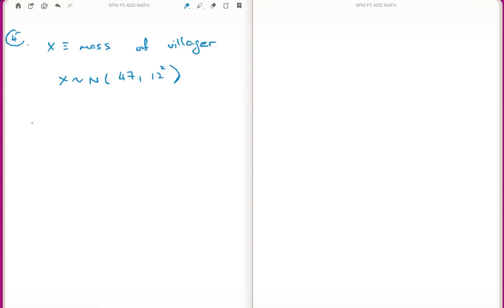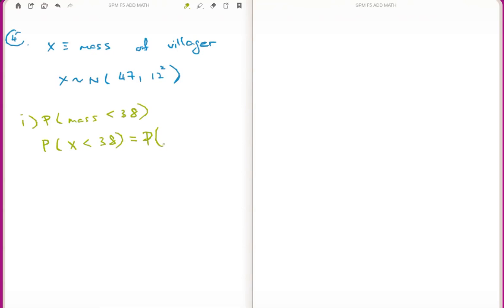First question, find out the probability that you would choose randomly a mass less than 38. To make it into a more standard form, x is less than 38. You can't get the answer unless you convert it into z-score.